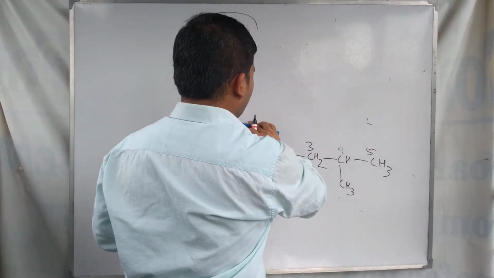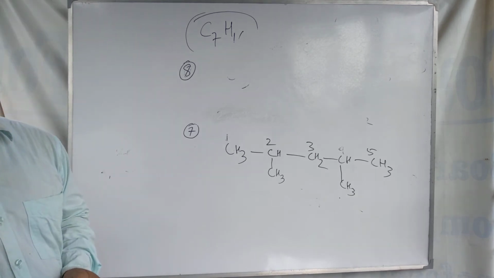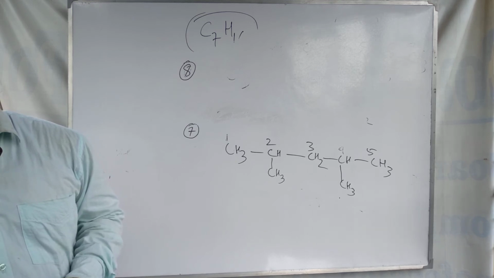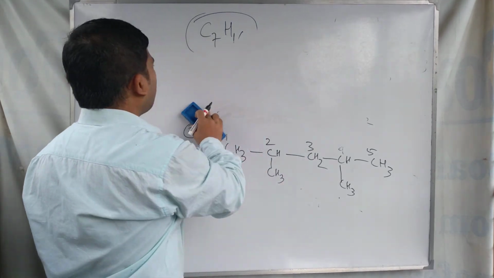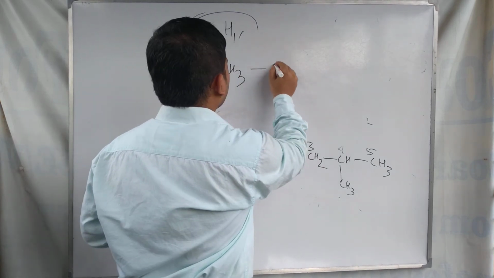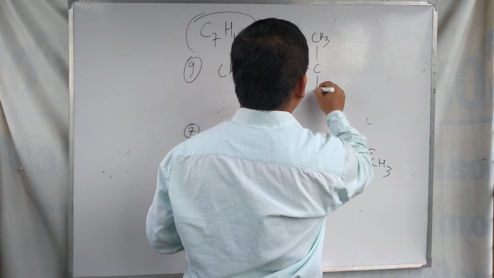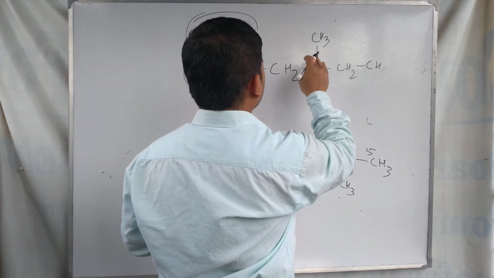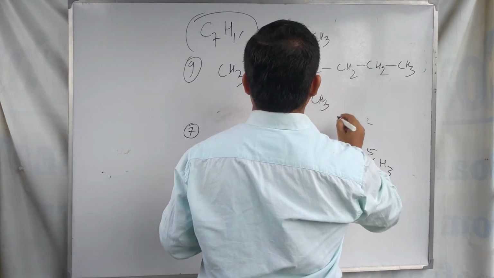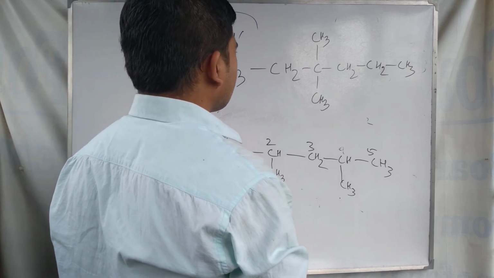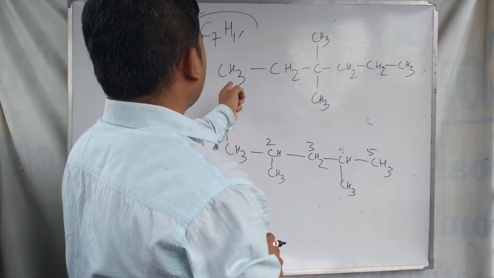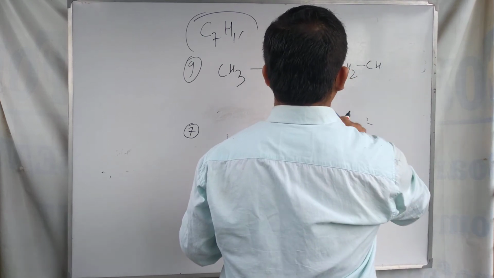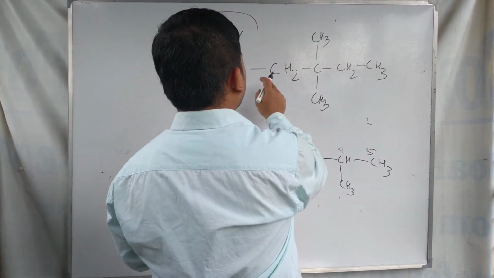Think about how can we draw the ninth number isomer. And one type of isomer we can draw, we didn't draw it previously. 1 2 3 4 5 6 7 8. 1 2 3 4 5 6 7.